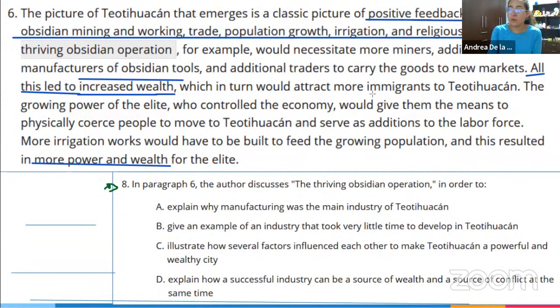So the population was growing, and that gave more power to the elite, and that served as an addition to the labor force. And that basically led to more irrigation works. And that led finally to more power and wealth for the elite. So everything was connected, like a chain of events. So that is the main idea, right?